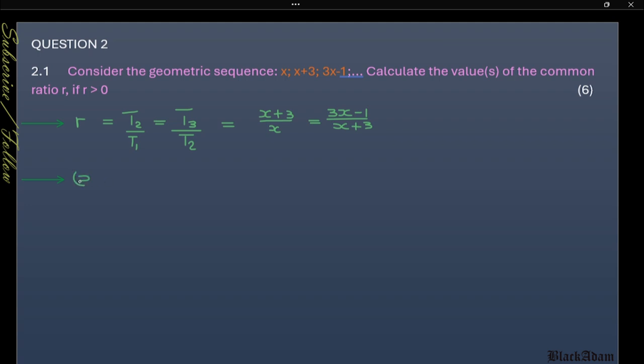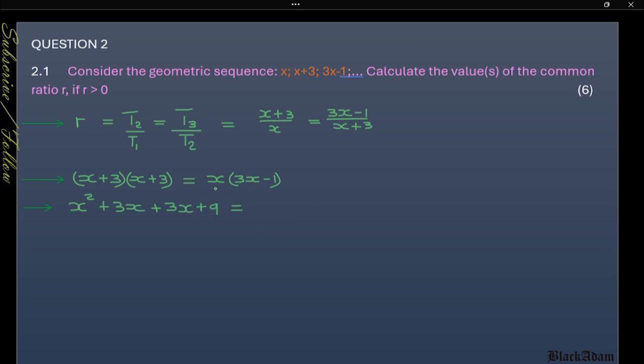That will be x plus 3 multiplied by x plus 3 once again, and then you're going to have x multiplied by 3x minus 1, and then we expand. x times x is x squared, x times 3 is 3x, 3 times x is 3x, and then 3 times 3 will be positive 9.